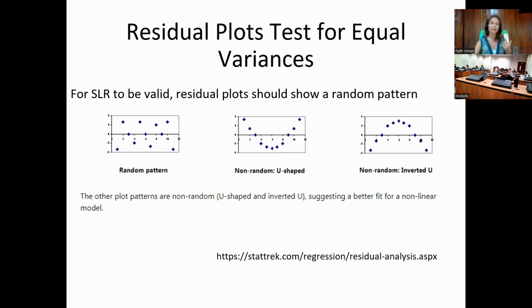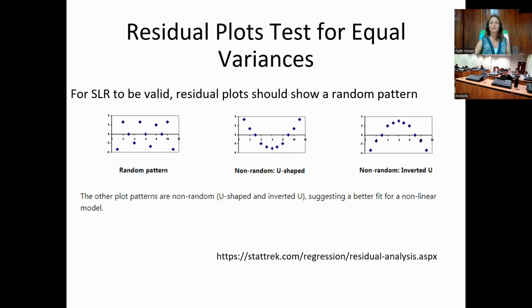So for the simple linear regression to be valid, our residual plots should show a random pattern, like in that first slide, right? Here's a random pattern. There's nothing going on here. It's all over the place, like you just threw rice on the table and it's scattered. Now, if you see a non-random pattern, especially like a U shape, if your data is smiling or an inverted U, or if it's frowning at you, if your data is making faces at you, you got a problem.